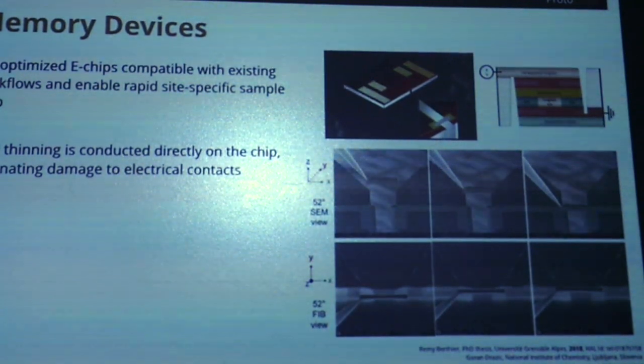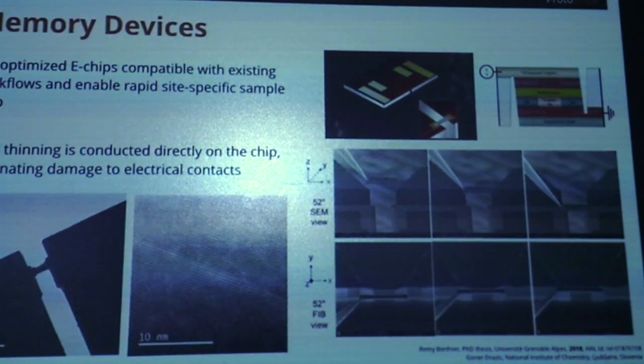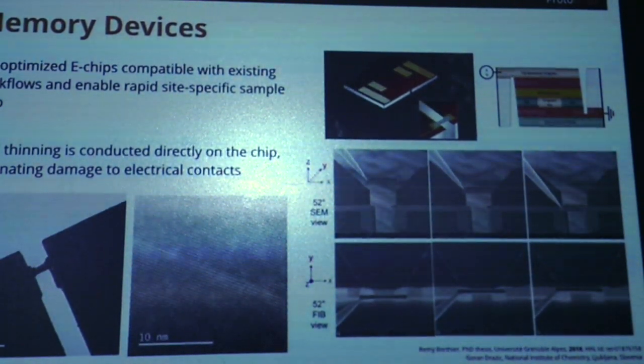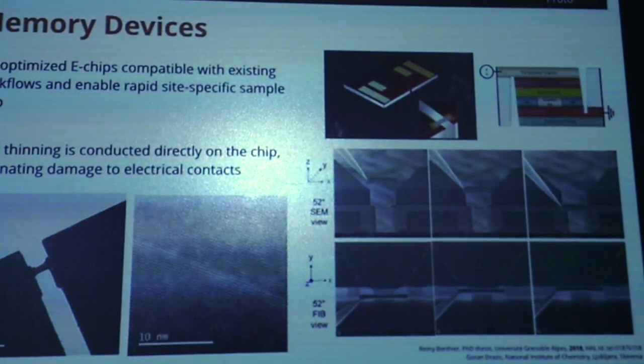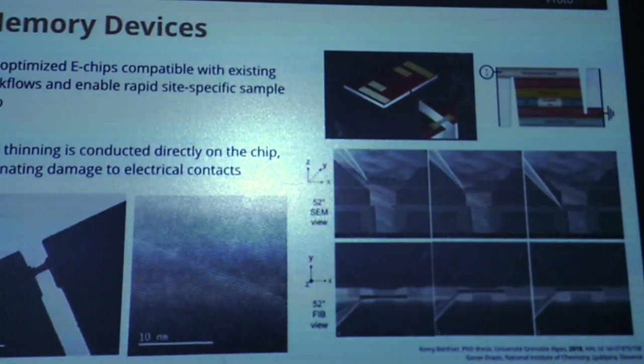Instead of a copper half grid, we have a silicon half chip. And by virtue of the platinum deposition or securing metal, you now have access to electrical control across your sample. You can also do final thinning directly on the chip, which means you can get atomic resolution as good as you would expect depending on the FIB operator. So this reduced the sample prep time by a factor of 3 or 4, and increased the success rate by a factor of 3 or 4 as well. So much higher throughput if you're doing electrical biasing in situ.